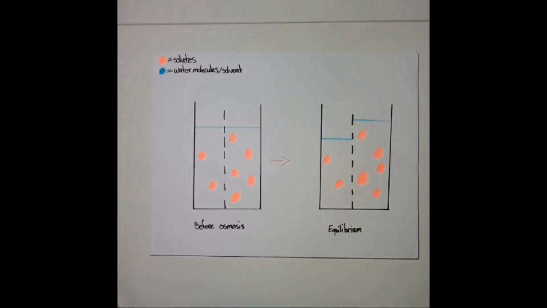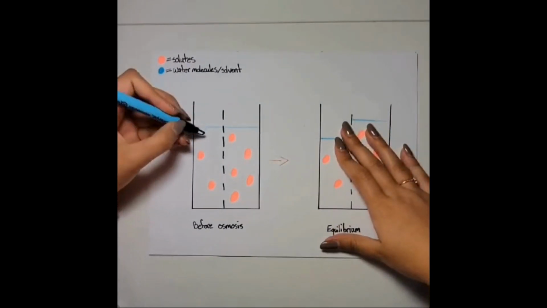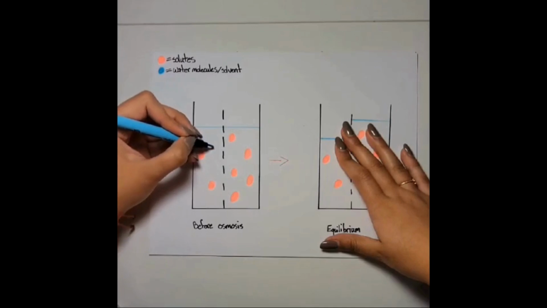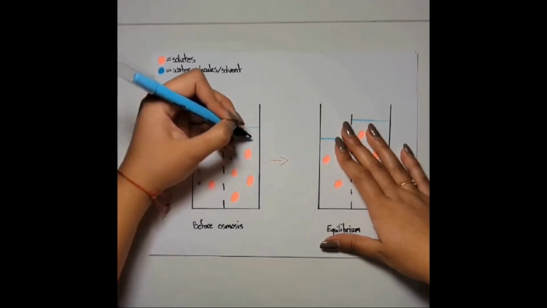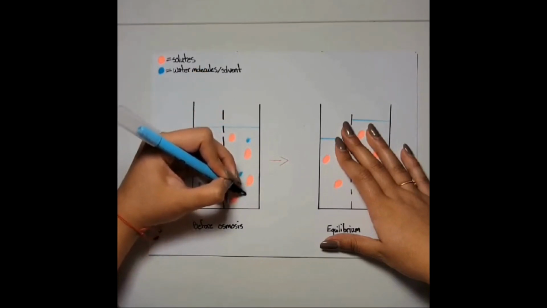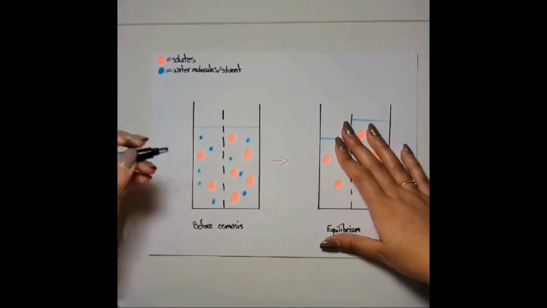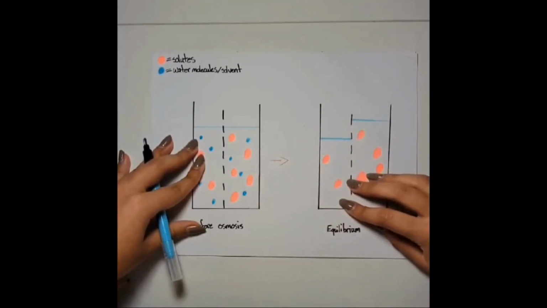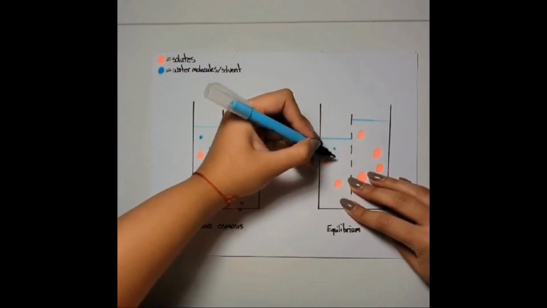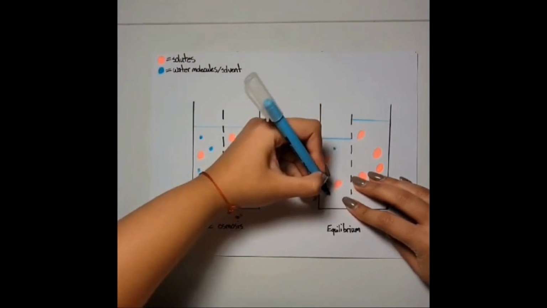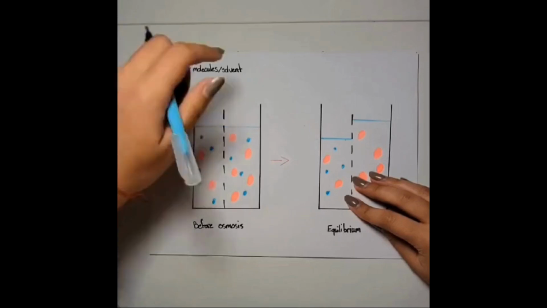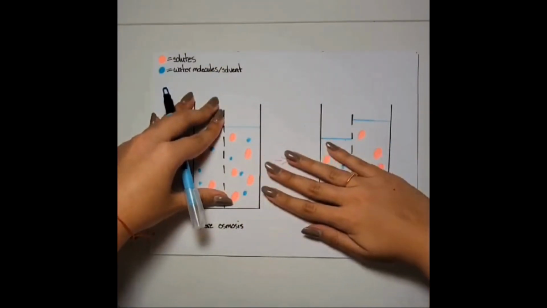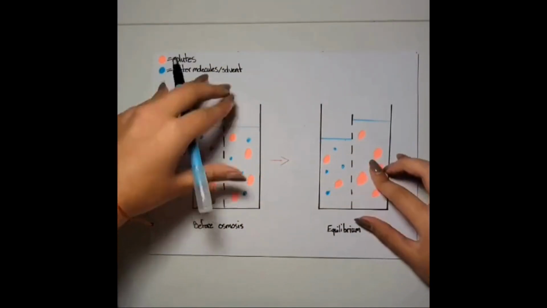So over here I will show you an example. Here we can say there are a few water molecules spread around, and this is before the osmosis process. Then in order to reach equilibrium, the water molecules that were on the left side with less solutes, which are represented by the pink circles, move towards the side with more solutes.